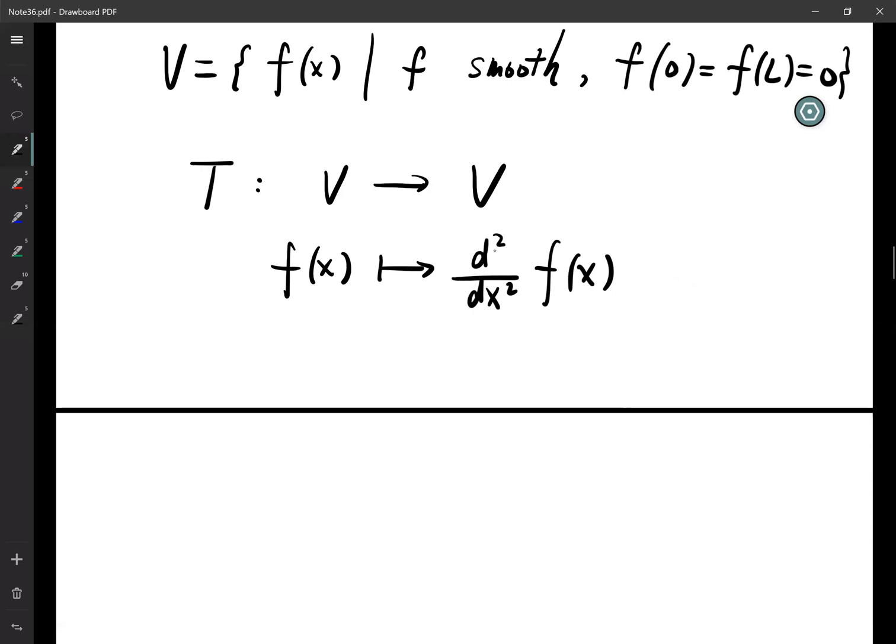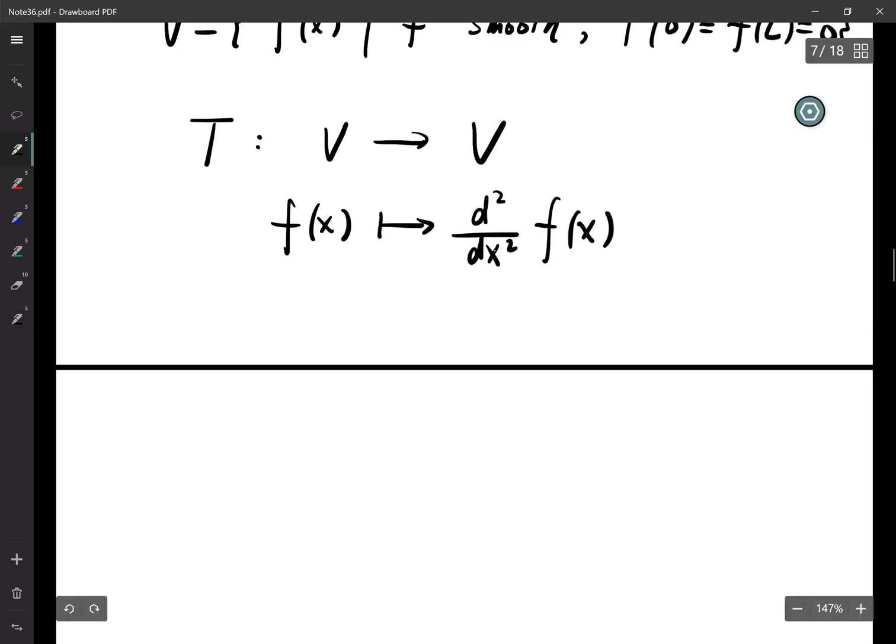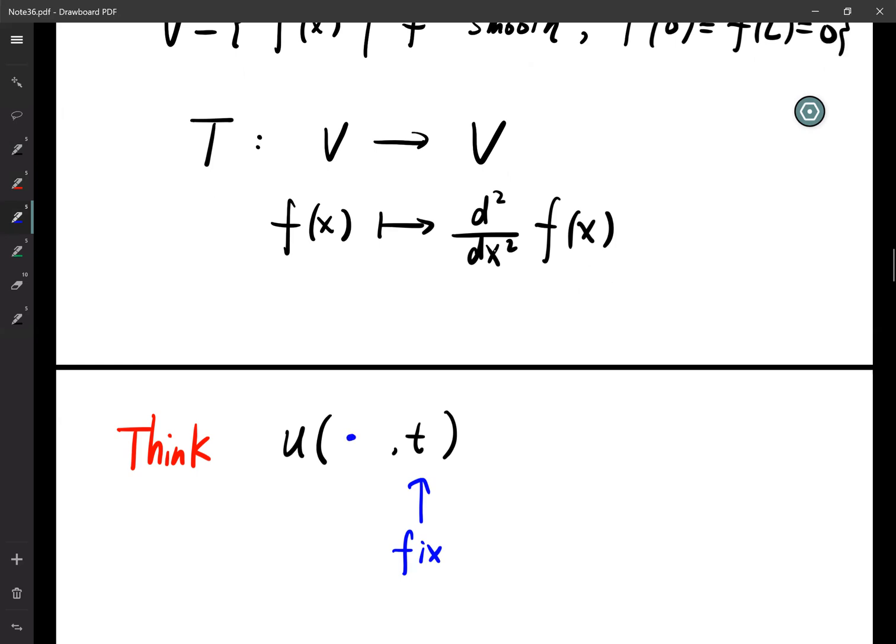Now, what I'm going to do is something that is maybe slightly a little bit difficult to understand, which is we think, okay, this u(x,t), I fix this t, for a fixed t, and then this guy is x, and I would like to tabulate all the possible x.